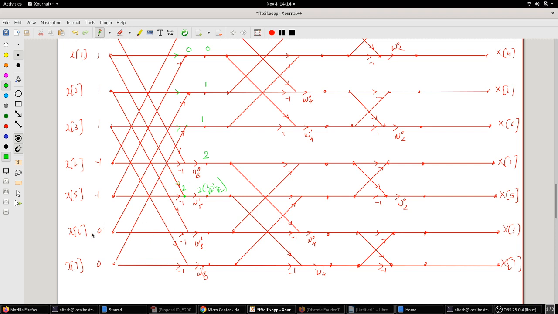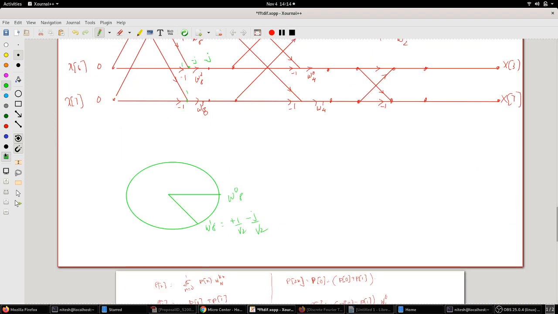Here you will get x of 6 will be 1 plus 0, so 1 minus 0, this is a minus j, so this will be minus j. This one here is actually 1, right? So this will be 1 again. 1 into this w3 of 8. w2 of 8 is this one, w3 of 8 is somewhere here.